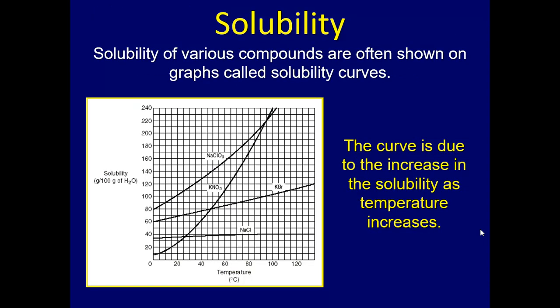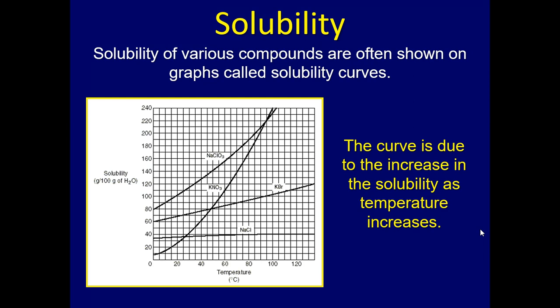We often show solubility on solubility curves, and this is a graph showing how much of a substance can be dissolved at a given temperature. On our x-axis, we have temperature, and on our y-axis, we have the solubility in grams of the different substances.